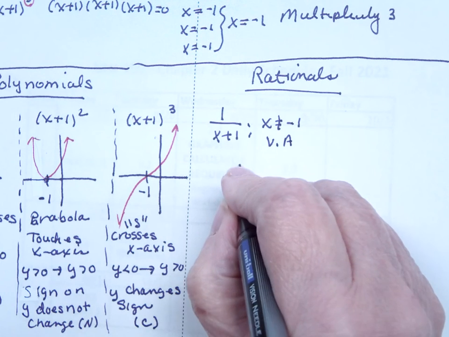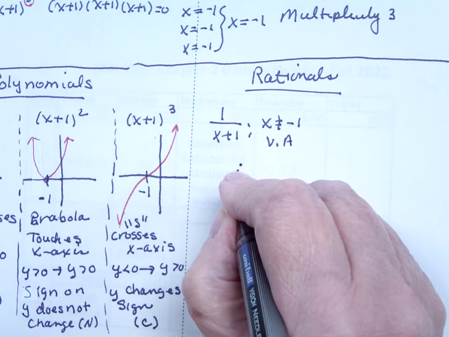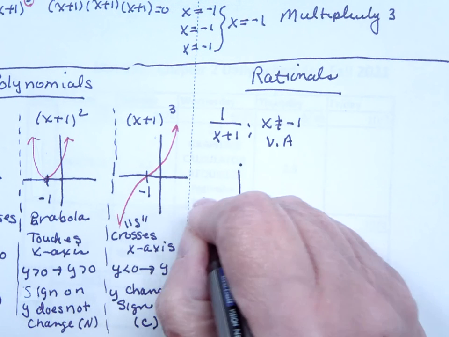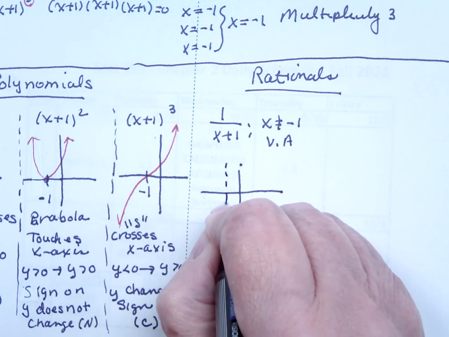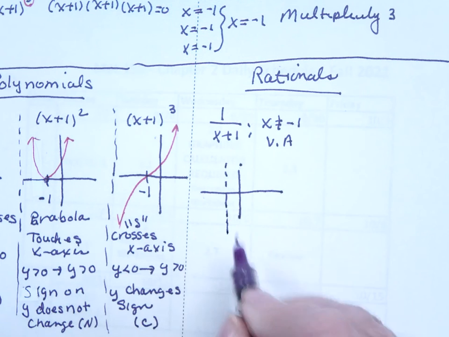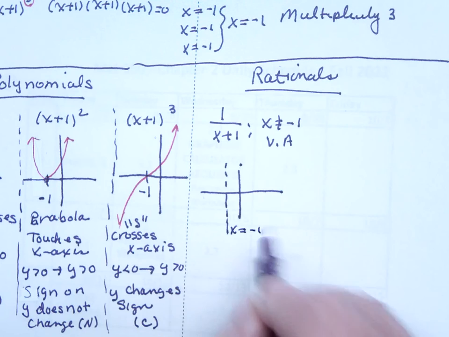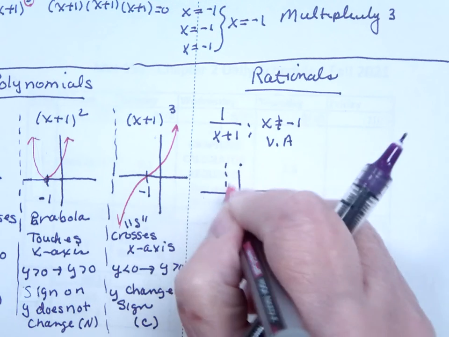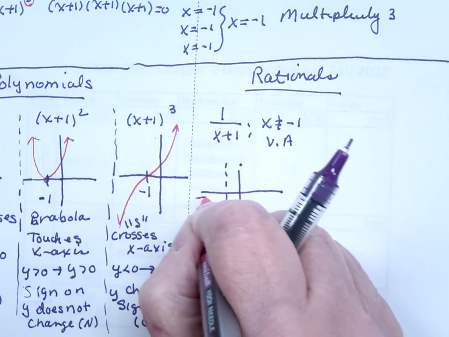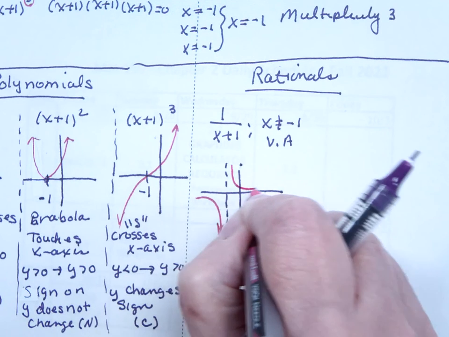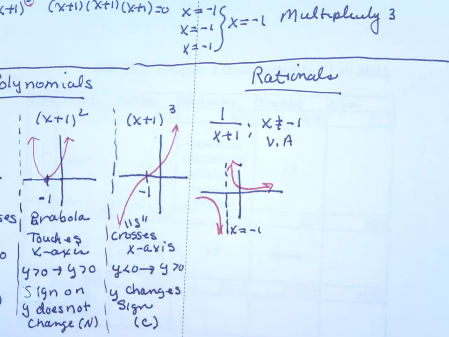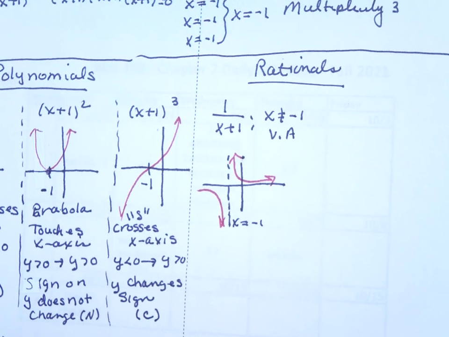Now, if I want to take a look at the graph at negative 1, it's a VA, and what the graph looks like is this. That's his nature.